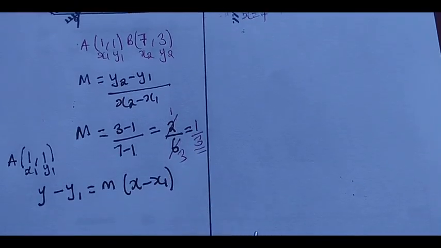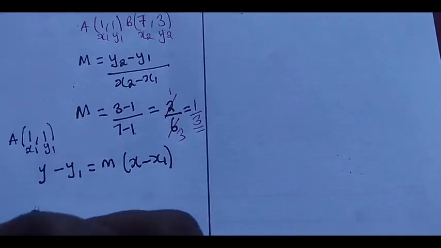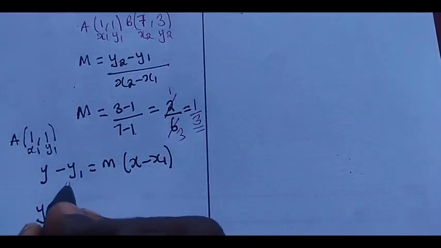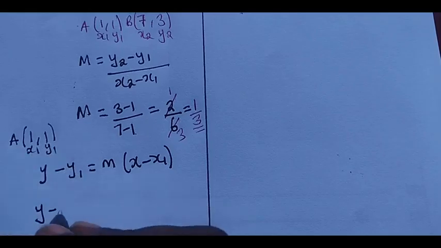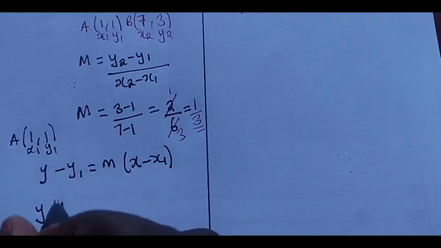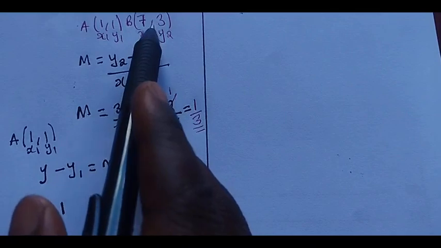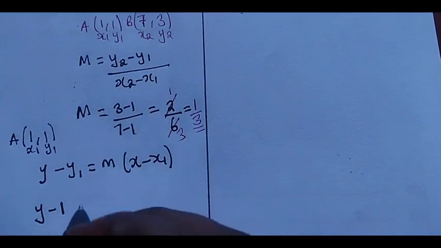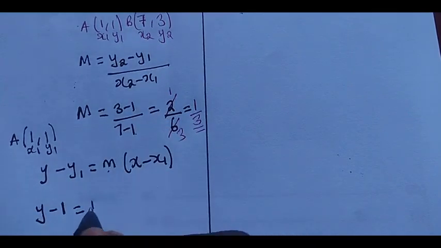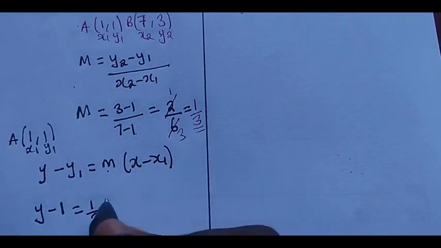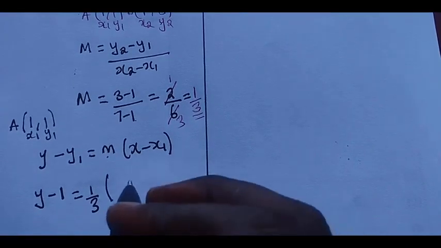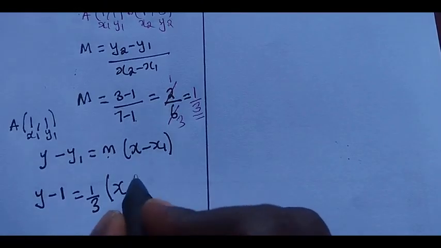So just substitute. You say y minus, where there is the y1, you put this one. Mind you, you can pick any of the coordinates. If you want, you can even pick the other one. You get the same answer. Equal to, where there is m, I'll put 1 over 3, which is our gradient, open bracket, then x minus my x1.